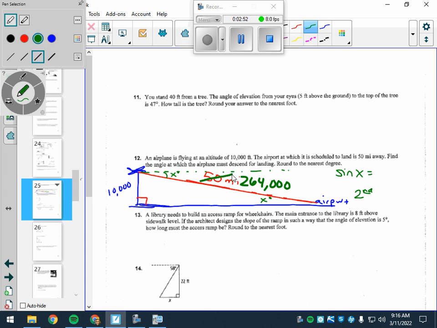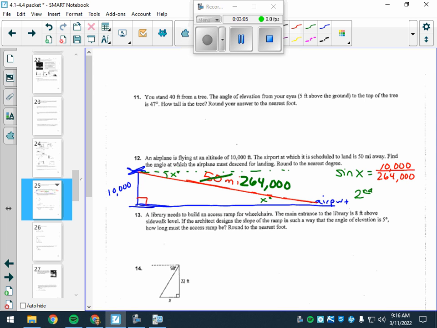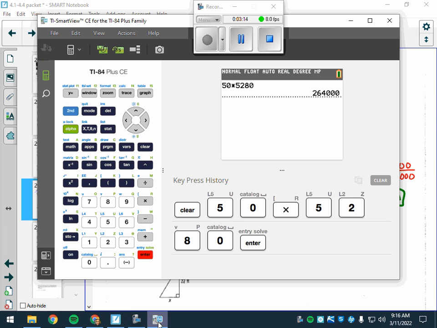So we need to do opposite, which is 10,000, over hypotenuse, which is 264,000. So on our calculator, we're going to do second sine and then this division. Let's look at it.